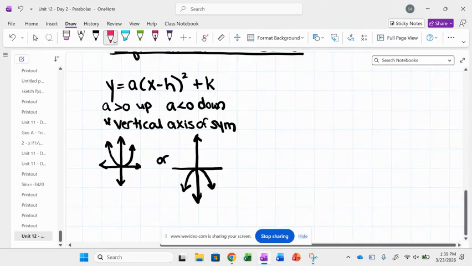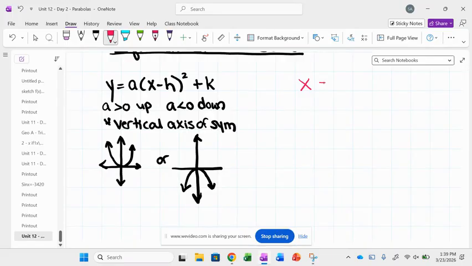Then we have our inverse parabola, and that is x is equal to a times the quantity of y minus k squared plus h. How do I know that this is the inverse parabola, Lucas? Good, because it's x equals instead of y equals. And what does the inverse parabola look like? Instead of opening up and down, it opens left or right, right? All right, so let's see that.